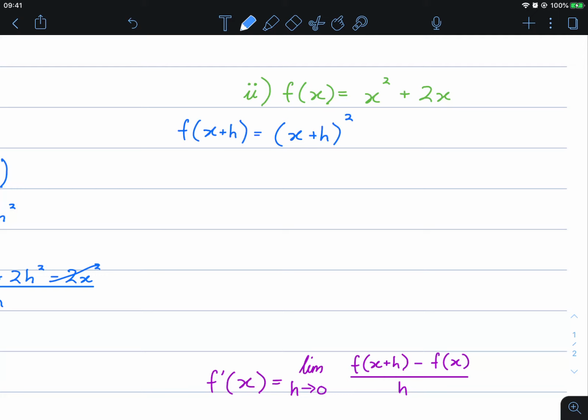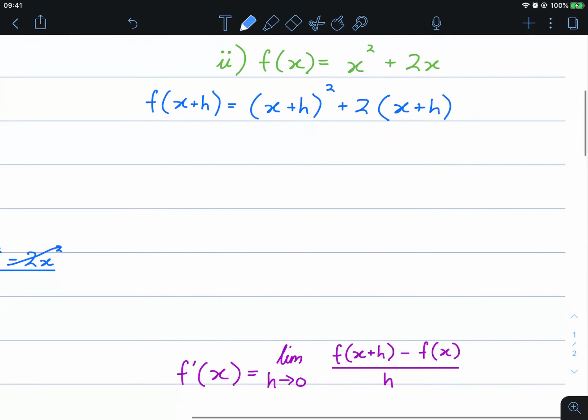That's this one done. Plus, substituting it again here, that's 2 bracket x plus h. Expanding this first one becomes x squared plus 2xh plus h squared plus 2x plus 2h.